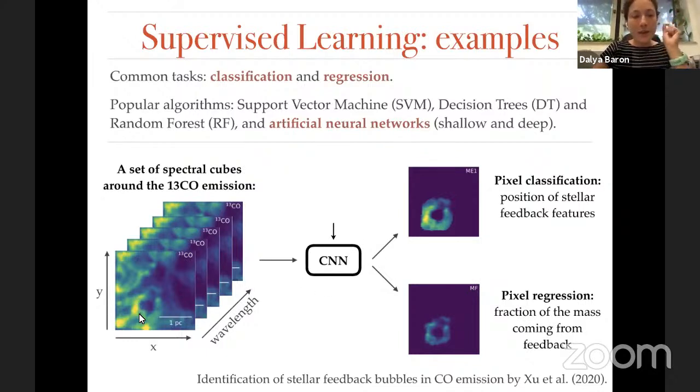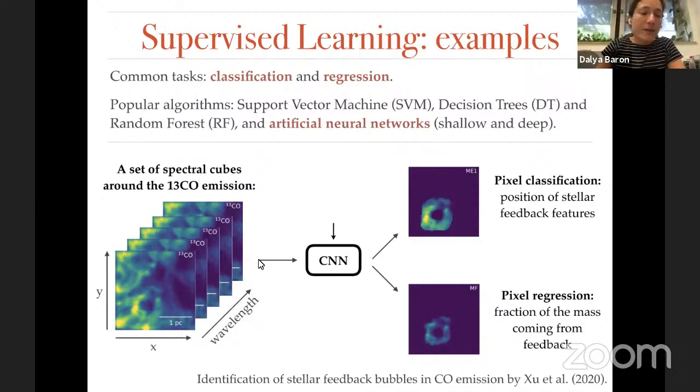So basically every pixel here can have a contribution from stationary turbulent gas in the interstellar medium, and it can also have a contribution from outflow emission. So once this convolutional neural network is trained, it can then be applied to actual observations, actual cubes, and then its output will be the region identified where we find stellar feedback and the fraction of the mass coming from the feedback.